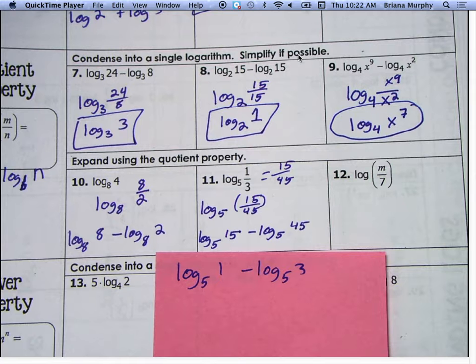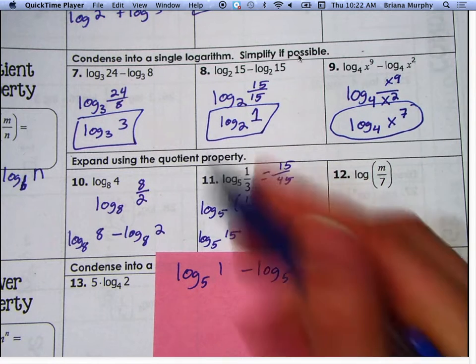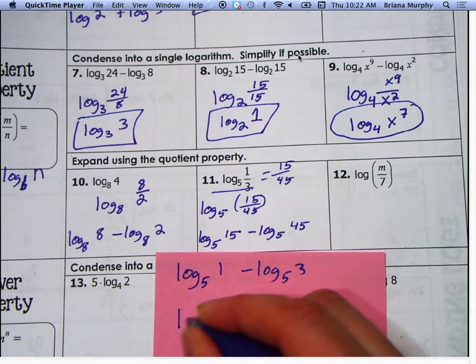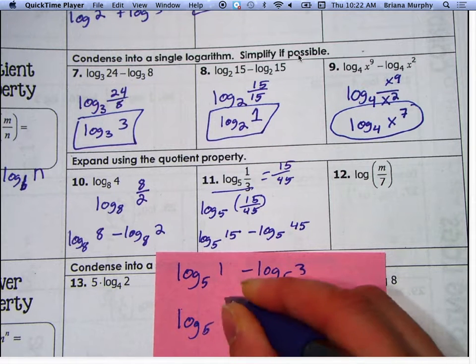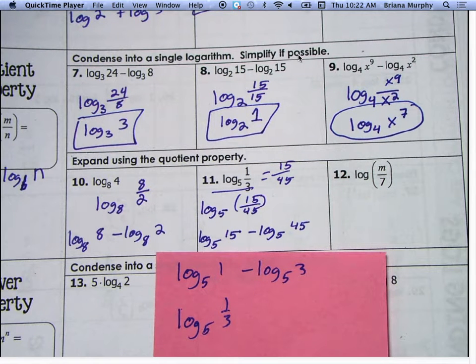And I want to see if I get the same answer as doing just this. So I'm going to stick this in my calculator too. Log 5 of 1/3. We do, so I don't know why we're doing that.